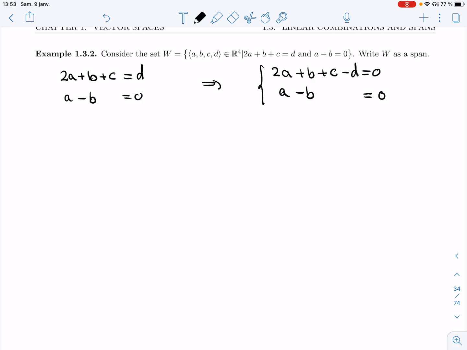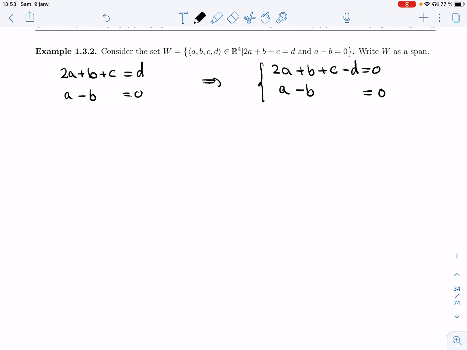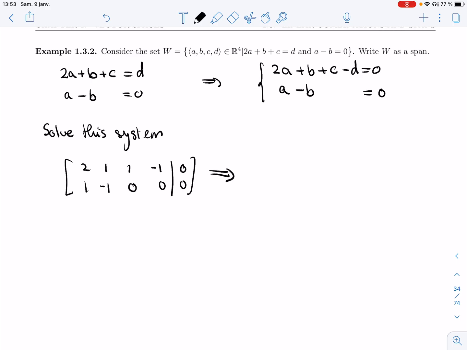So we could solve this system. Notice that for a homogeneous system, you don't need to put the constants in. They're always going to stay 0.